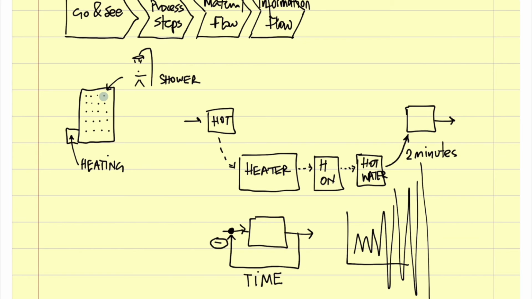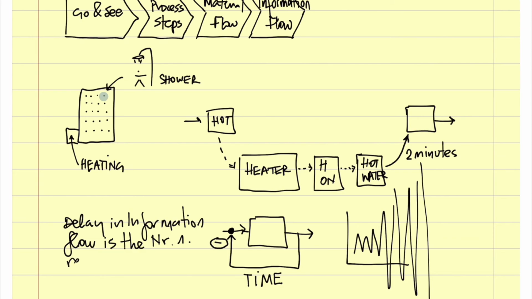So a delay in information flow is the number one reason why processes do not work.